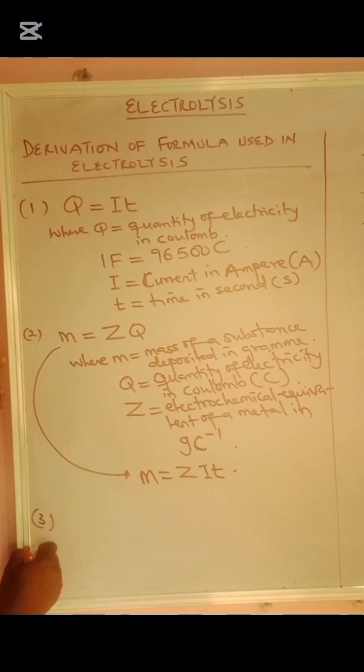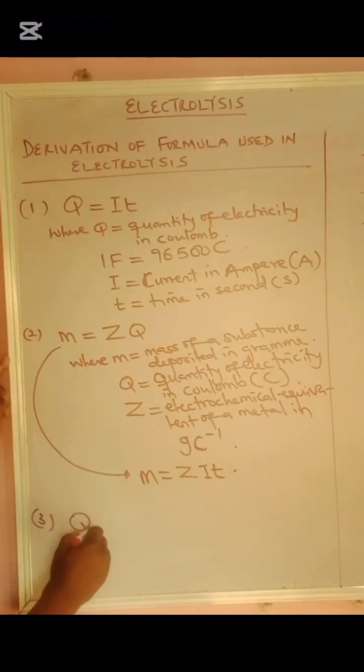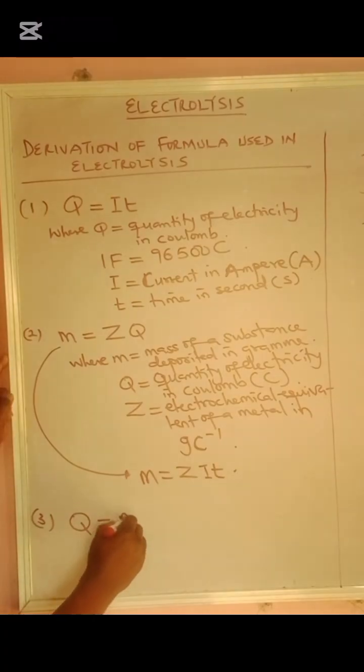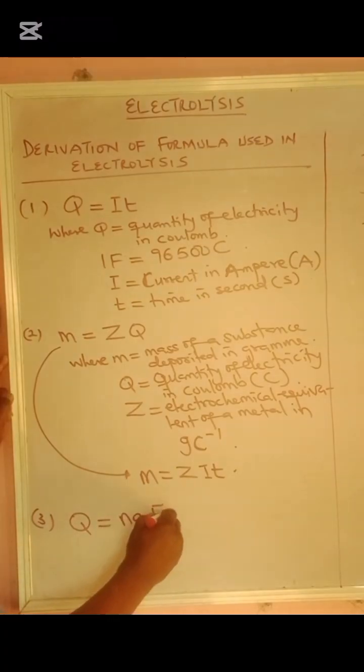Formula 3. The same Q is equals to, we call it NQF. This formula is very, very important. Let me show you how we normally derive this.